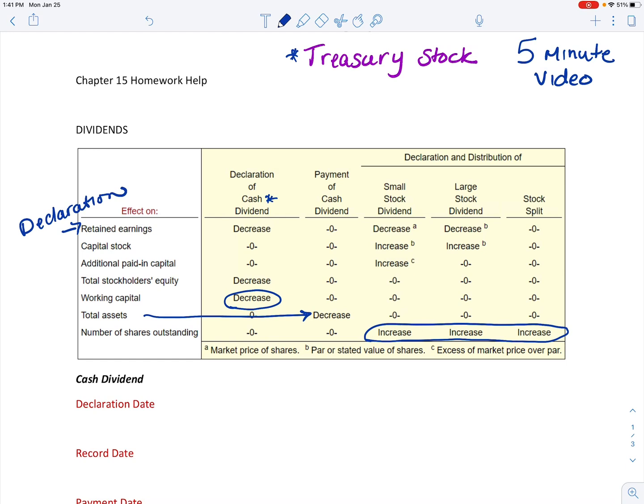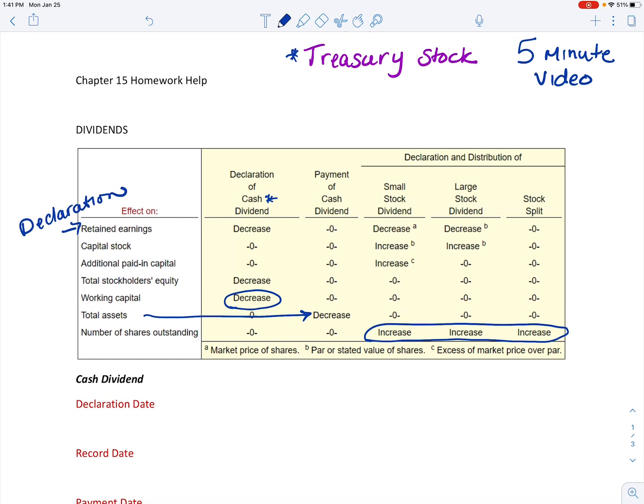So we want to make sure that we have enough cash to pay a cash dividend. Even though it comes out of retained earnings, we still have to have that cash. And what impact taking that cash out of our balance sheet is going to have on our overall impact to our ratios and what investors are looking for.